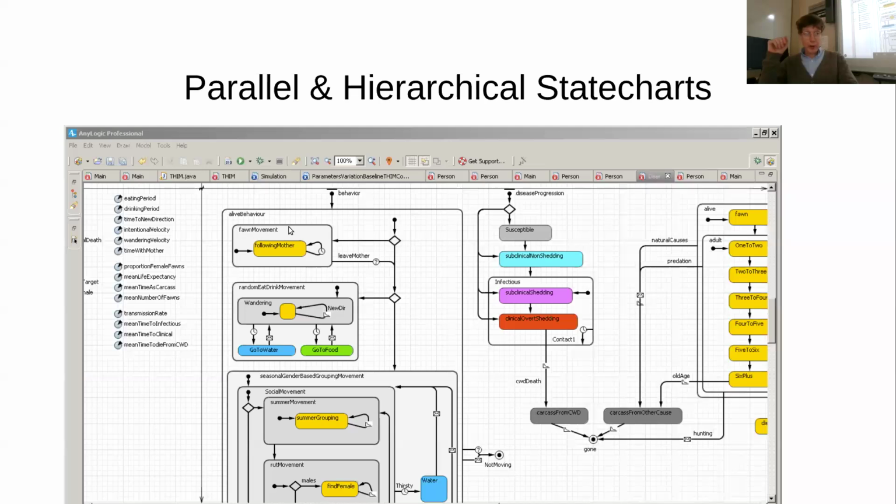I'd highlight here, for example, we have aspects of deer behavior. And here we have, for example, a fawn stage. There's also a process that applies through later stages of eating, wandering for food to eat, and going to water.